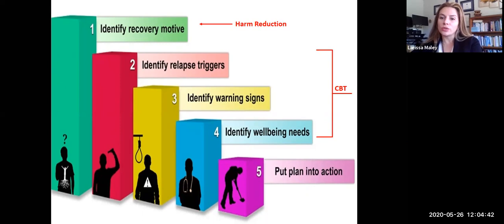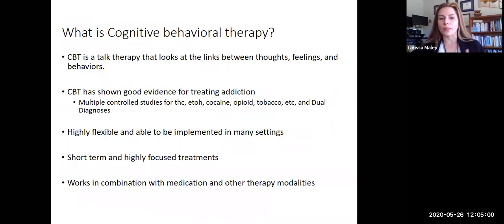Now, once we actually start doing some core behavioral techniques that are about helping people obtain a decreased use state and maintain a decreased use state, that's where we're using solid relapse prevention skills that can be carried into that maintenance phase. So what is CBT?